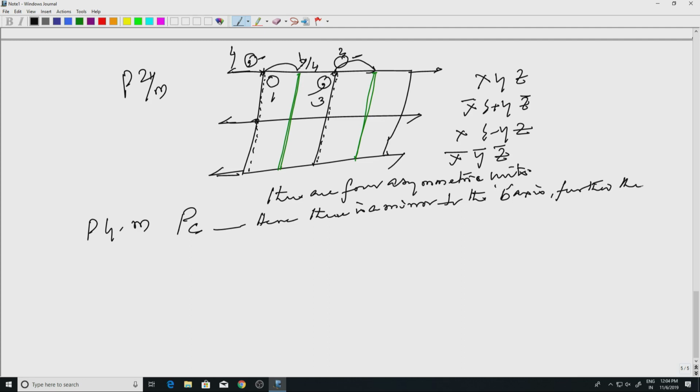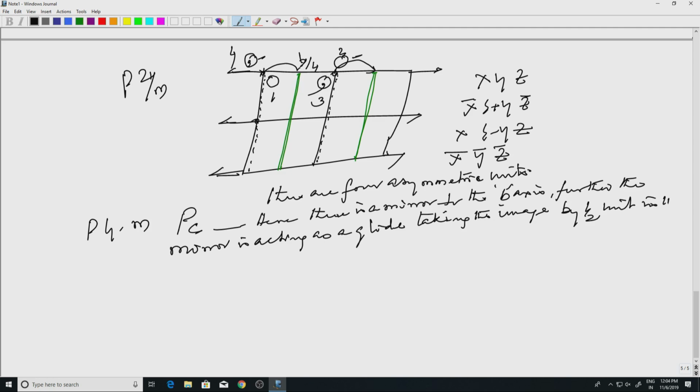Further, the mirror is acting as a glide, taking the image by half unit in the AC plane along the C axis.